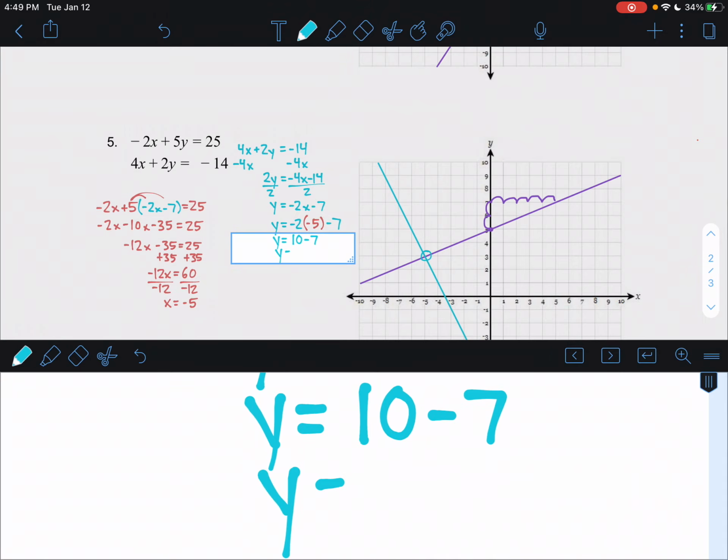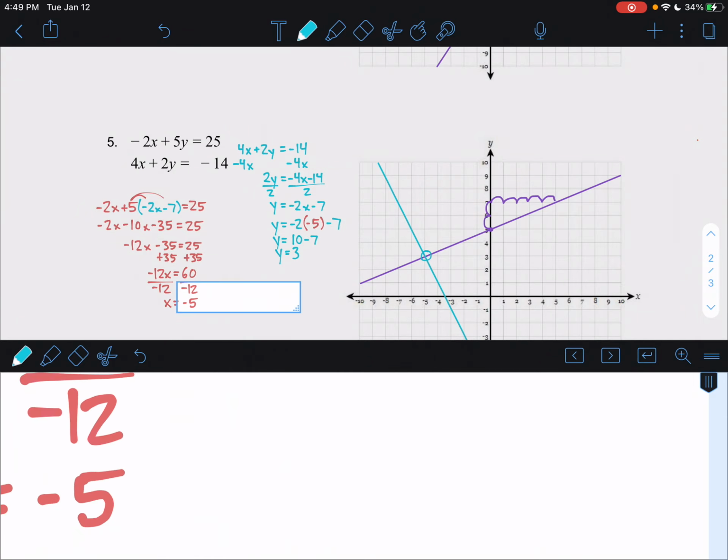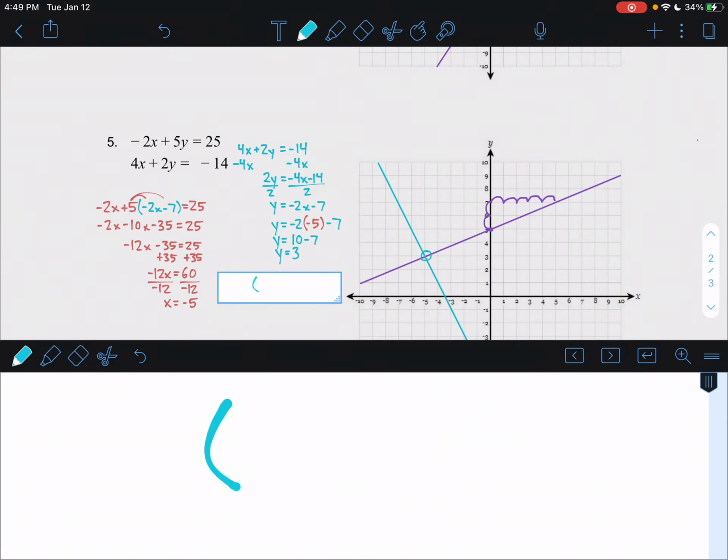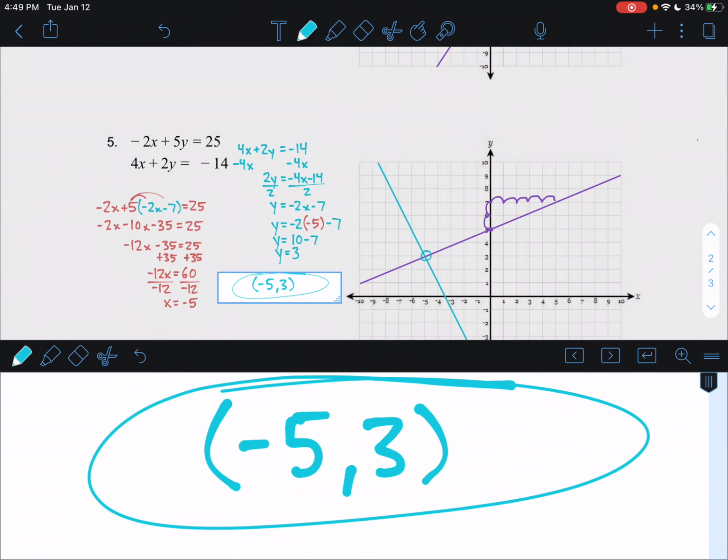And 10 minus 7 is 3. So I got x equals -5, y equals 3. So yet again, my solution is -5, 3, using substitution.